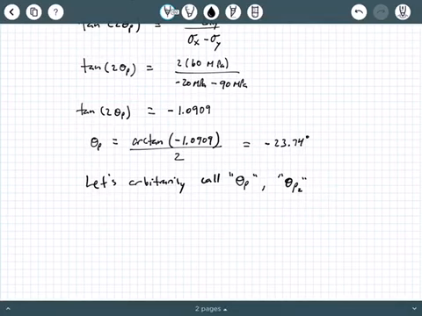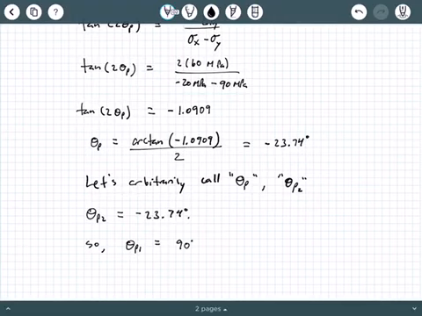And then your theta p2 should correspond with sigma 2, okay? So at this stage, let's write this down. Let's arbitrarily call theta p2, I'm just picking that randomly, okay?